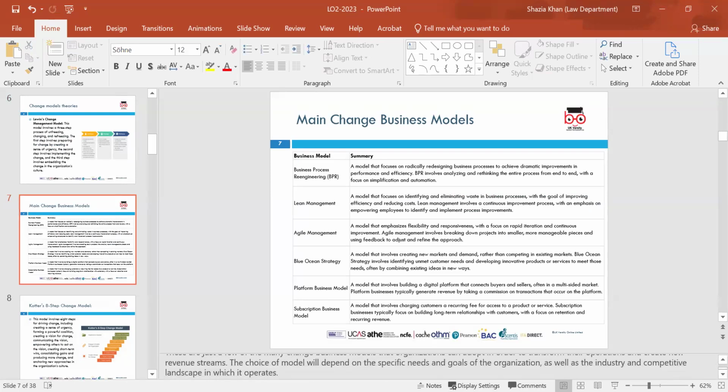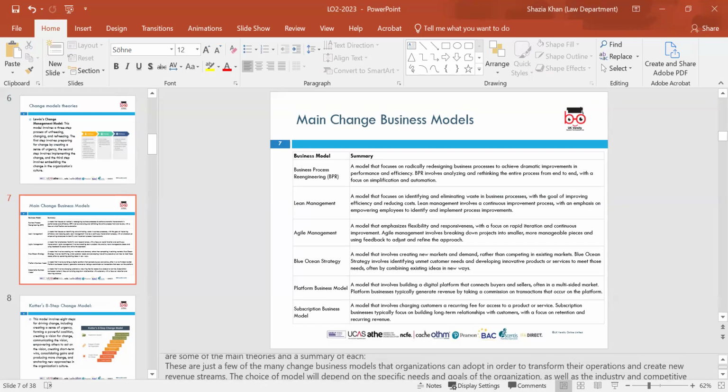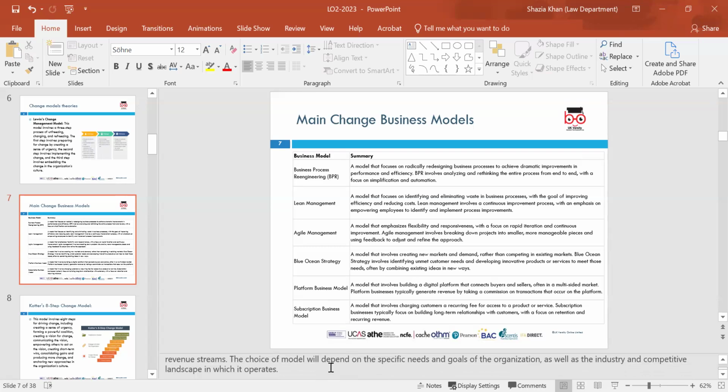These are just a few of many business models that can be adopted to transform operations and create new revenue streams: business process re-engineering, lean management, agile management, blue ocean strategy, platform business model, and subscription business model. So these are some that depend on the goals of the organization.